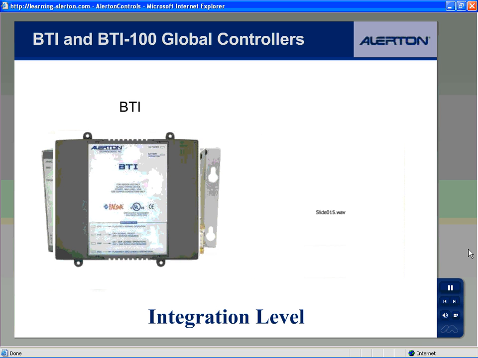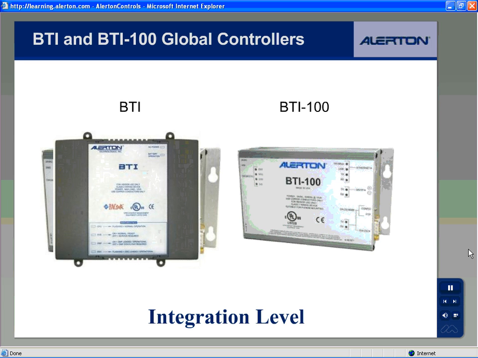The Alerton BTI is a programmable network controller and a multi-port BACnet compliant router. The Alerton BTI 100 is a router and global controller. Use the BTI 100 to route BACnet messages between BACnet MSTP and Ethernet networks and function as a BACnet point-to-point half router.